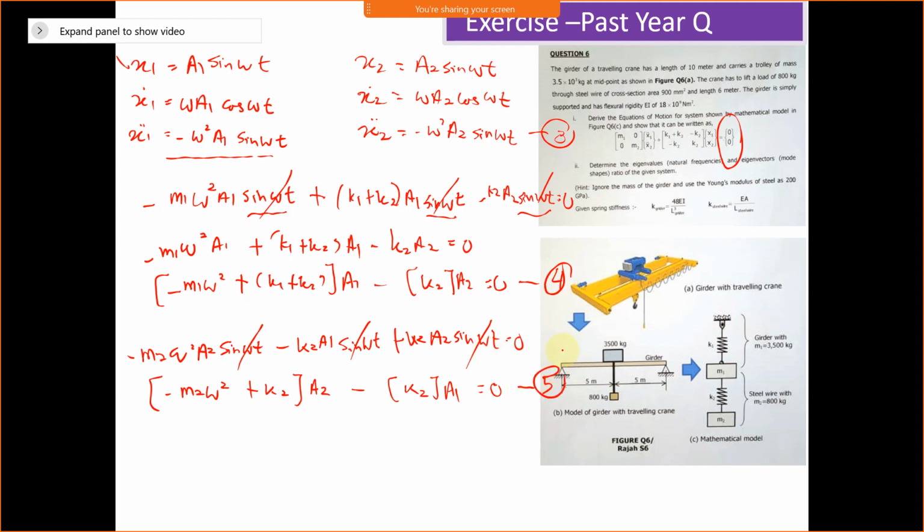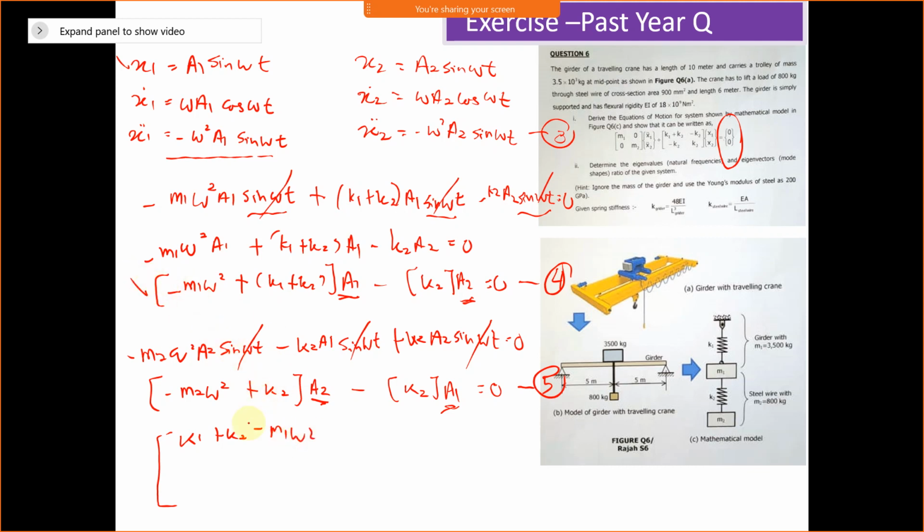So kalau kita nak bentukkan dalam matrix form, macam mana kita nak buat? Sama je lah. Kita ada A1, A2. So first adalah kita akan buat yang K1 plus K2 minus M1 omega square.